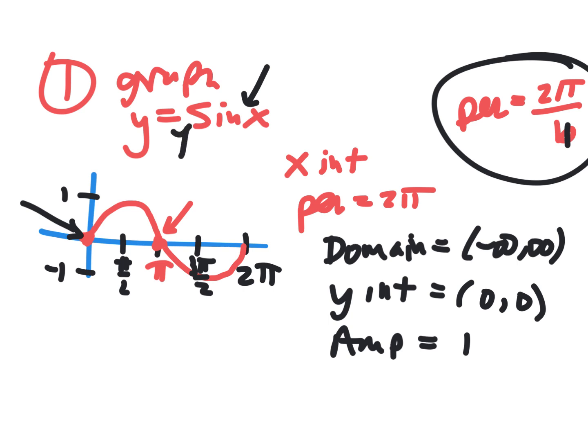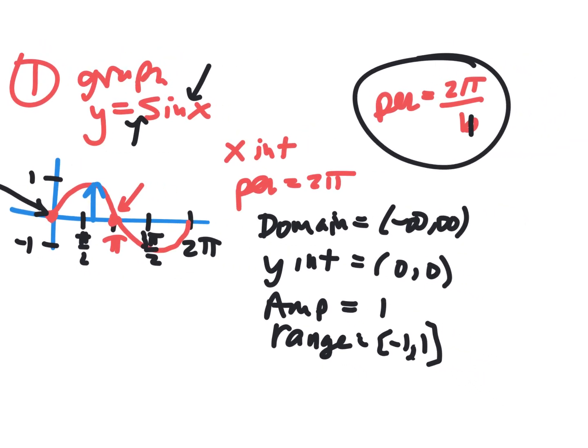Because there's a 1 right there, and because the highest it goes from here up is 1. What's the next one? What is the range? What do you say? I said negative 1 to 1. Negative 1 to 1 is correct. Is there a last question? That's it. Yay, okay, good.